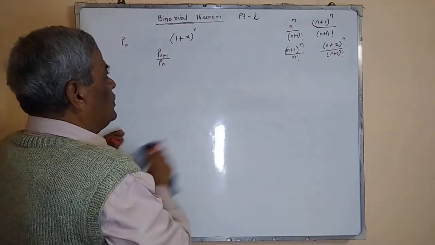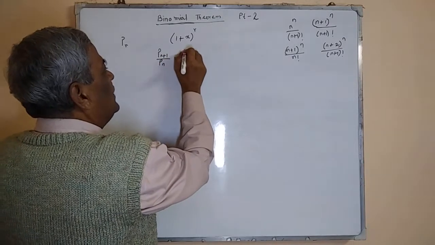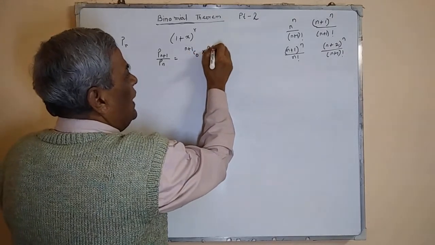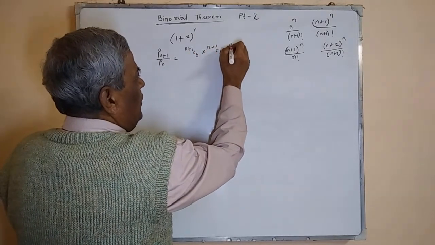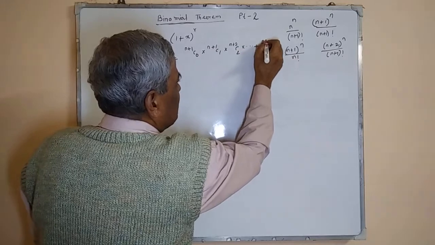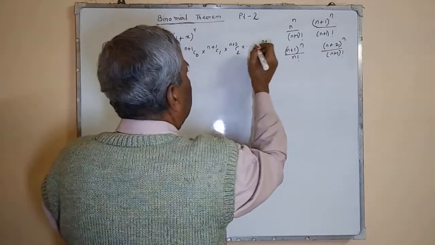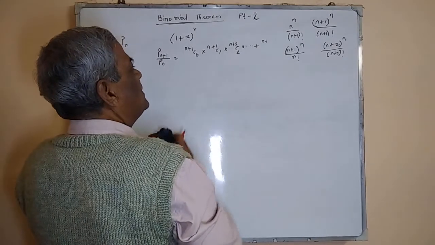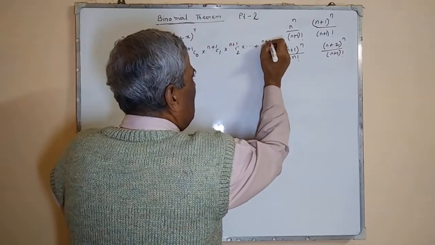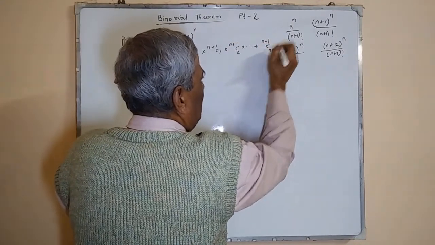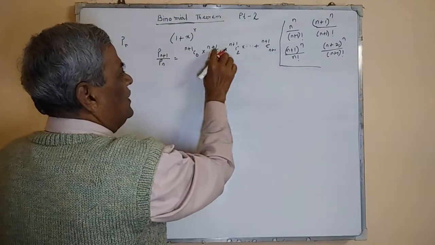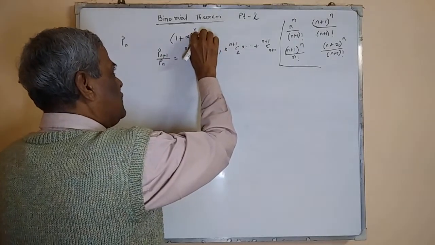So this is equal to (n+1)C0 into (n+1)C1 into (n+1)C2 up to (n+1)C(n+1). This is P(n+1). N plus 1 means the power is n plus 1.